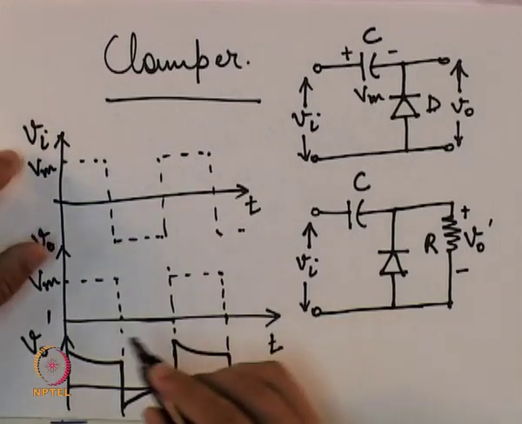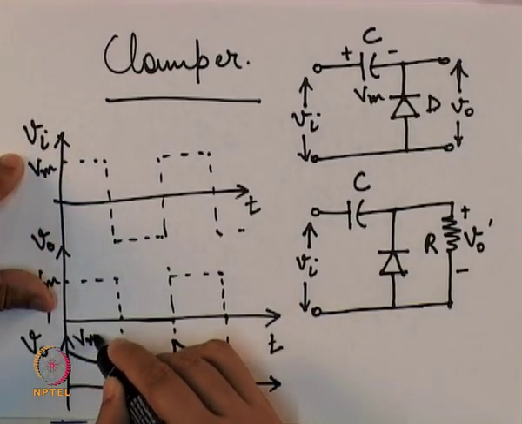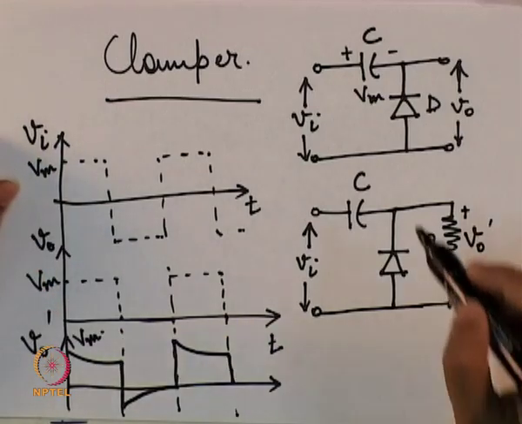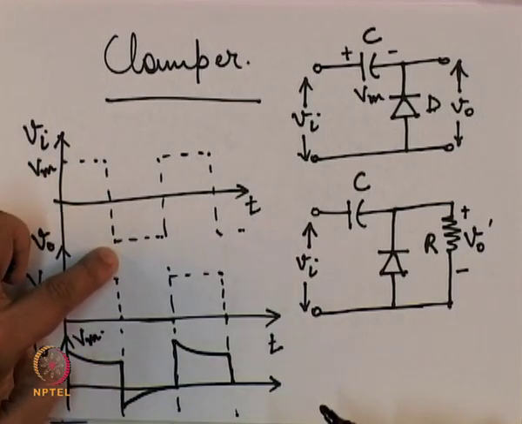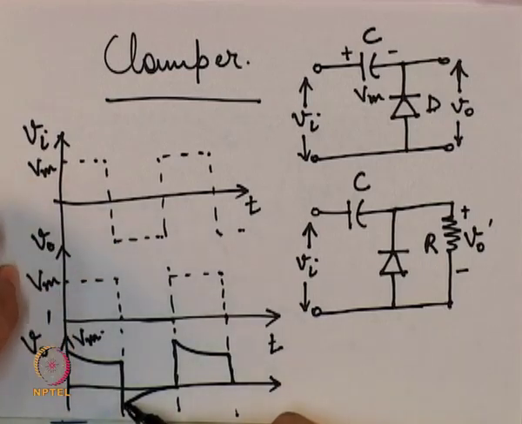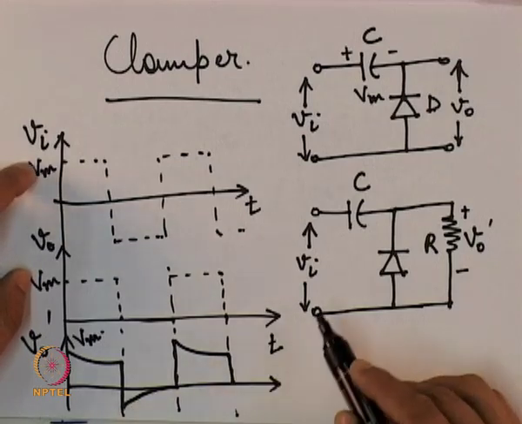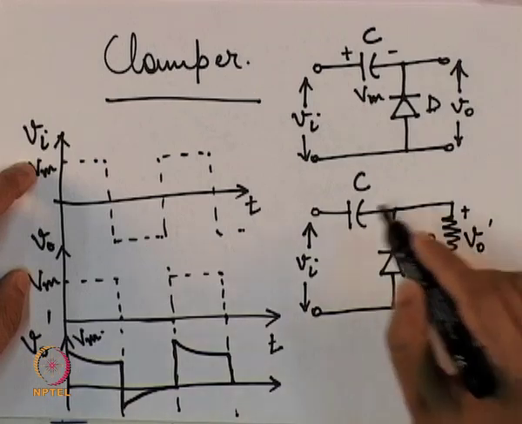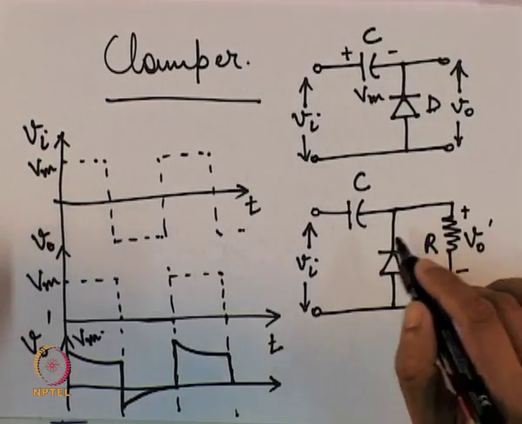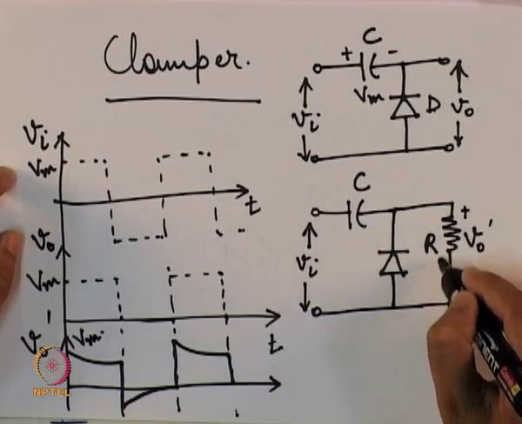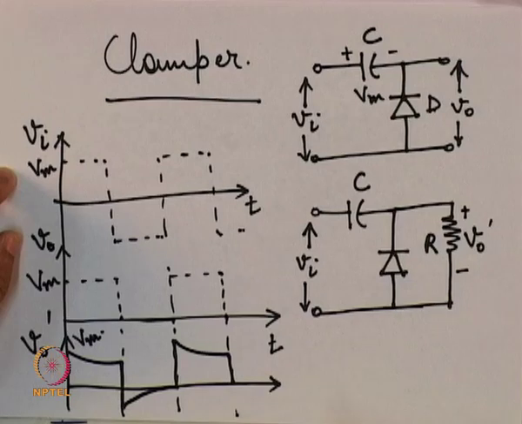Now, what happens is the capacitor does charge up to the voltage Vm, but then after that it slowly starts discharging, as a result of which the output voltage decreases gradually. When Vi is negative, then again there is a momentary shift towards the negative region, but then because now the capacitor is again in a charging mode, the voltage across Vo will slowly reach the value 0.